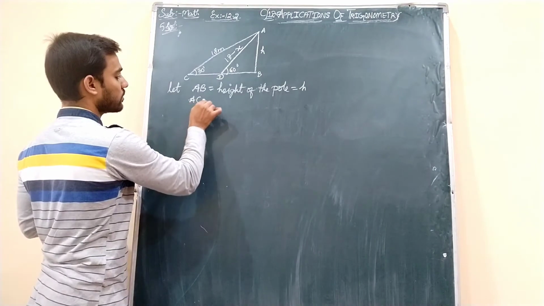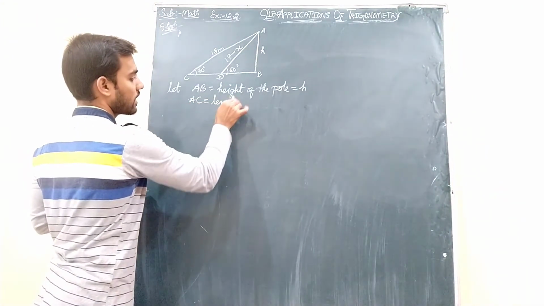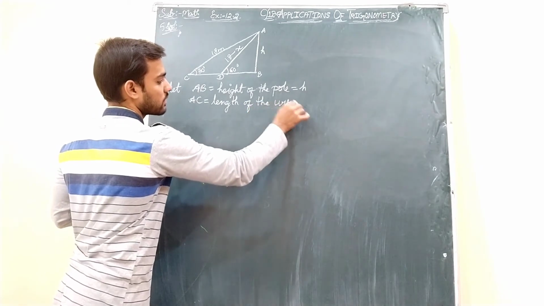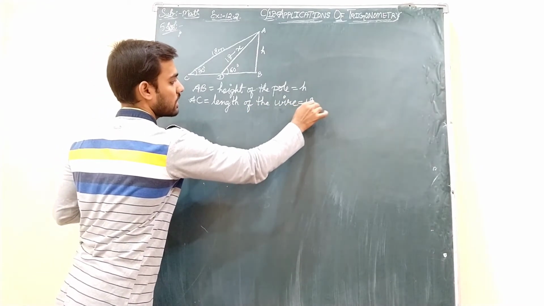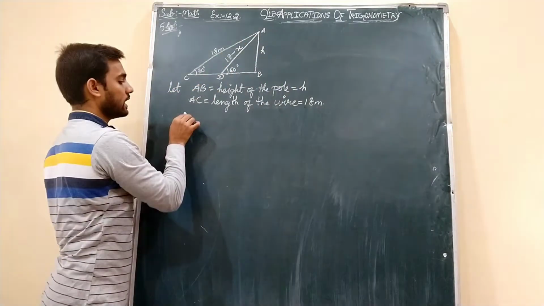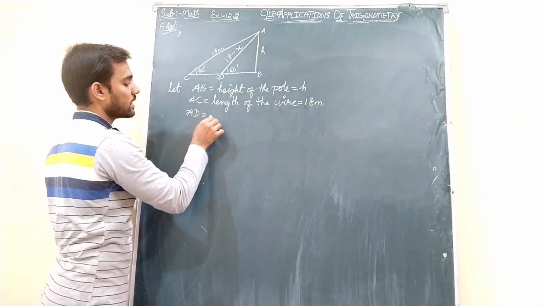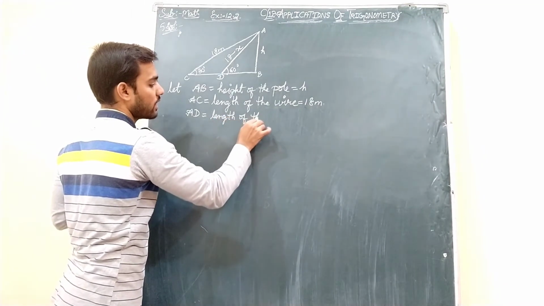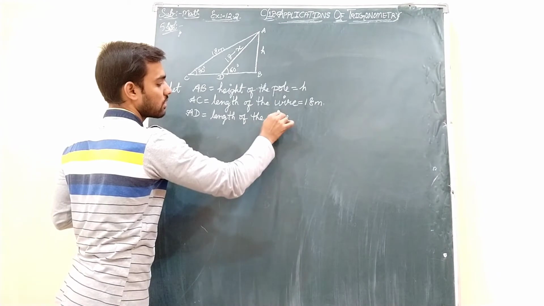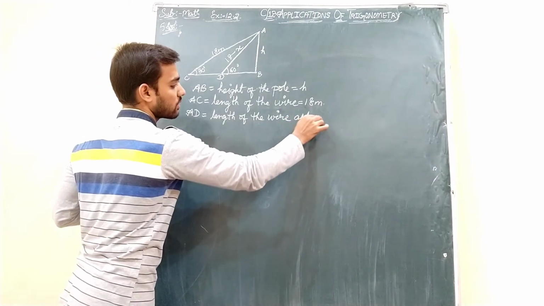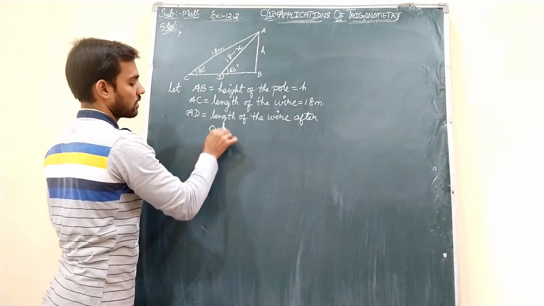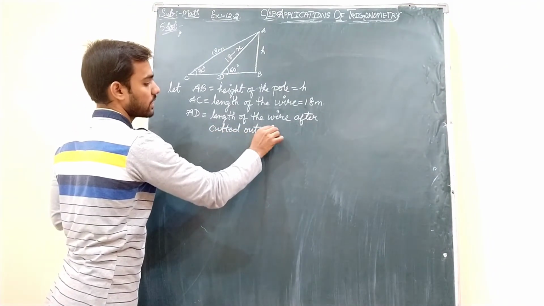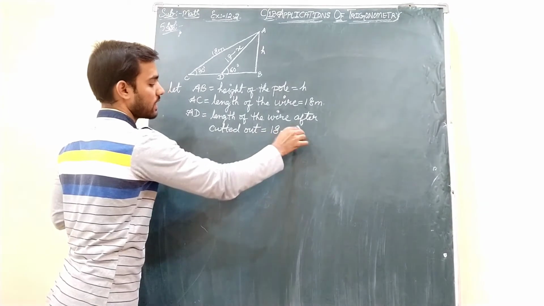So AC is what, student? That is the length of the wire, which was 18 meters. Now AD is what, students? It is the length of the wire after being cut out, which is 18 minus x.